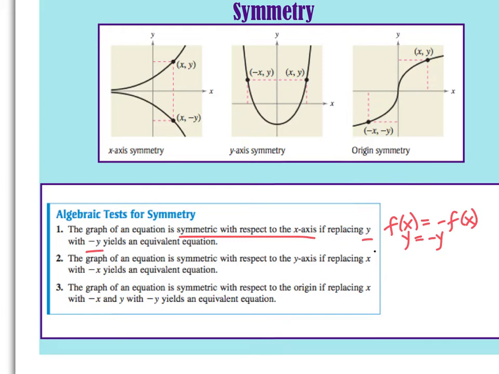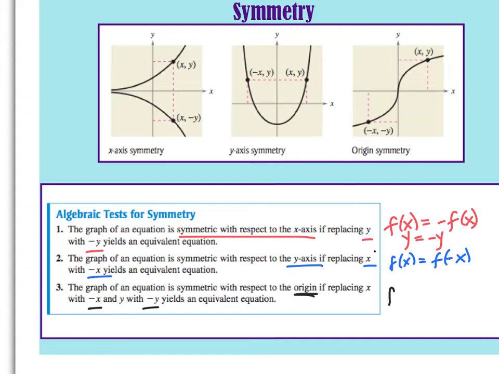This next one, if I'm doing a y-axis symmetry, I replace x with negative x. In other words, f of x is equal to f of negative x. And then the third one, if you have origin symmetry, you change both and you see if they're equivalent.